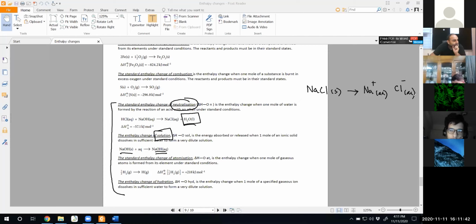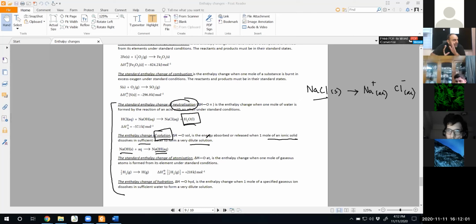The amount of energy released or absorbed when 1 mole of an ionic solid dissolves in sufficient water to form a very dilute solution.